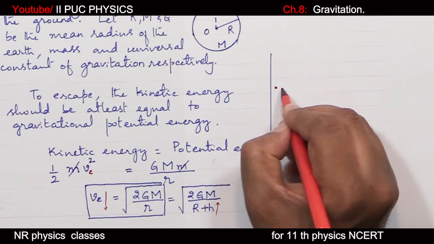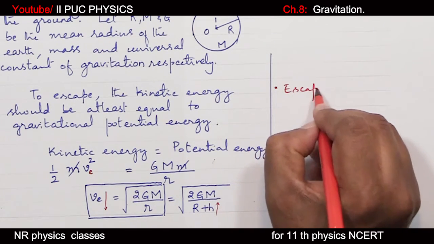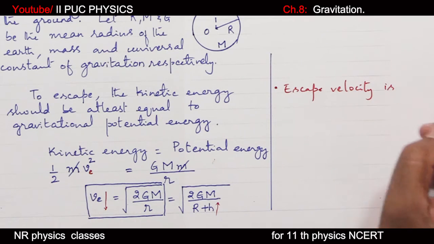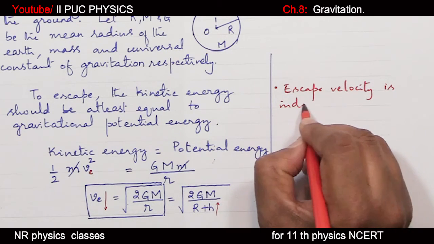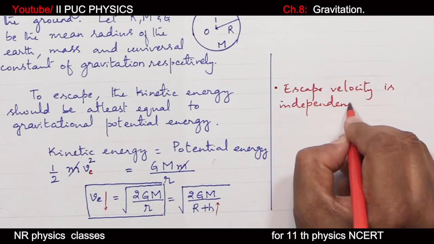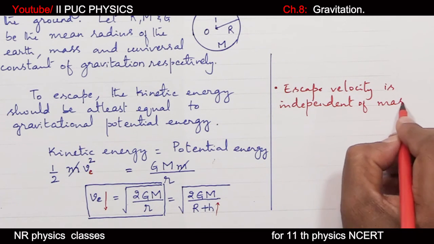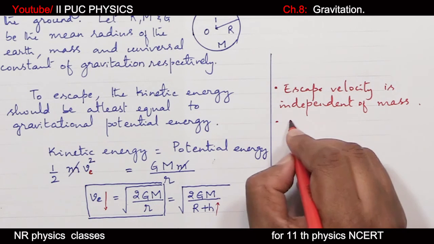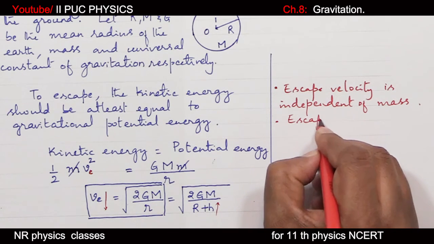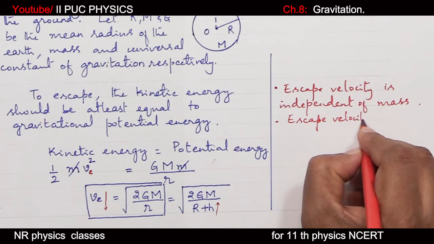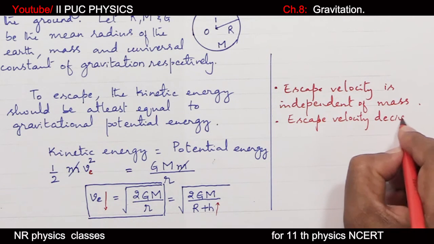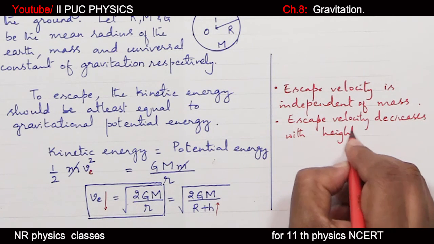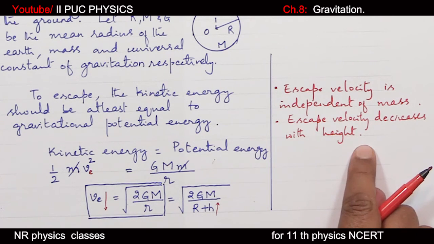First one, escape velocity is independent of mass and it depends on height. Escape velocity decreases with height.